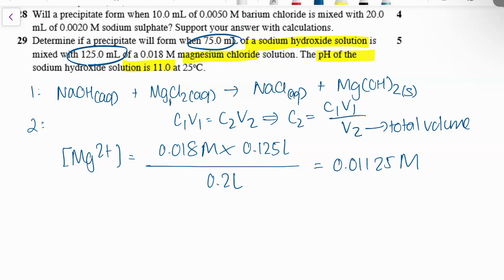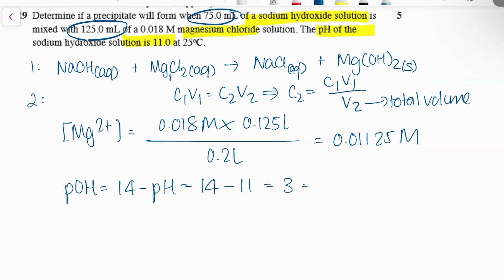So we've already established sodium hydroxide is a base, which means I don't want to work with pH. I want to work with pOH. Good. Now, how do I get pOH from pH? 14 minus pH, which is 14 minus 11, equal to 3. And then what's the equation for pOH normally?